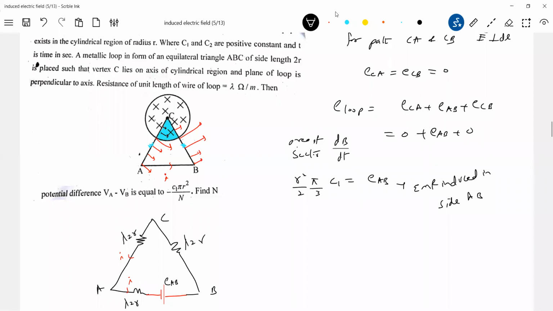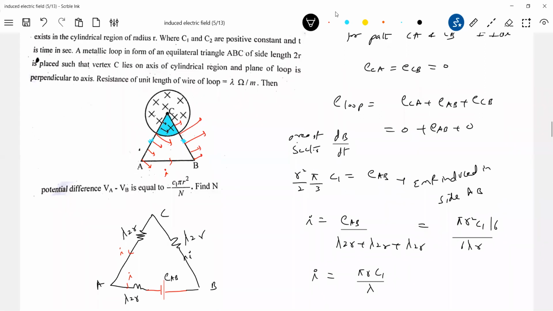Now you calculate the current I. What is I equal to? E_AB by lambda 2r, lambda 2r, lambda 2r. So this should be equal to pi r square C1 by 6, divided by 6 lambda r. The 6 gets cancelled. So pi r square C1 by lambda. This is the expression for current.